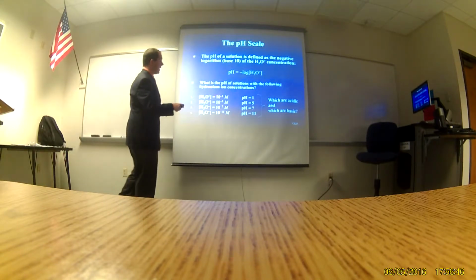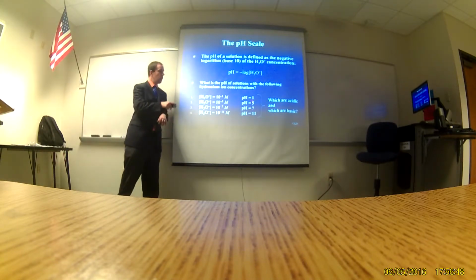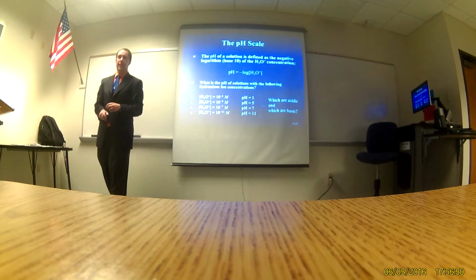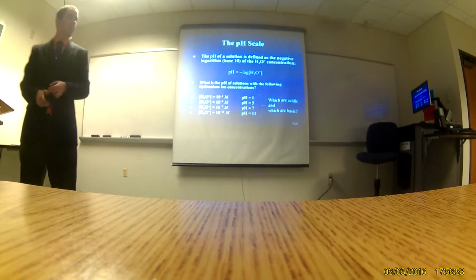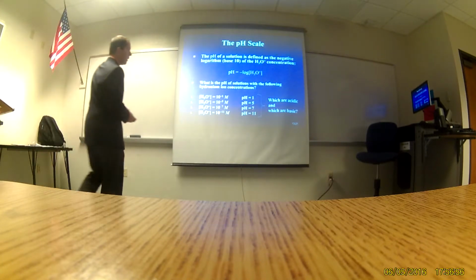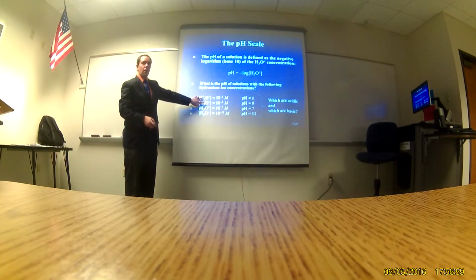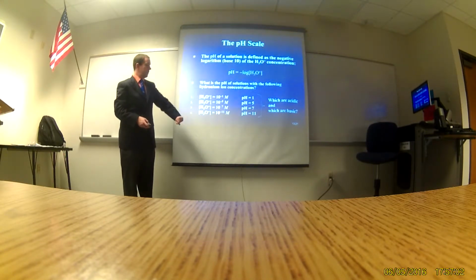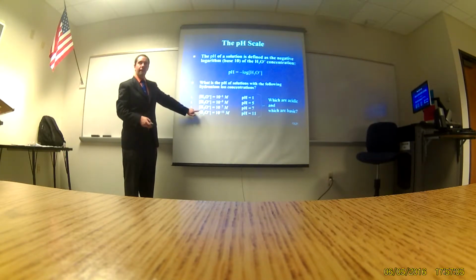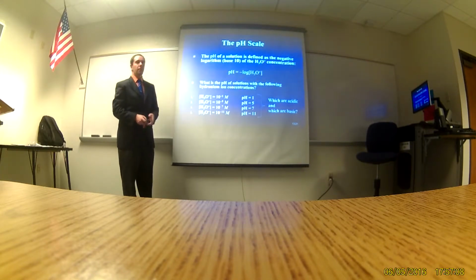Of these, we have 4 of them. Which ones are acidic and which ones are basic? First two are 1 and 5. 1 and 5 are acidic. What are these two? 7's neutral, and 11 is basic. That one's basic.